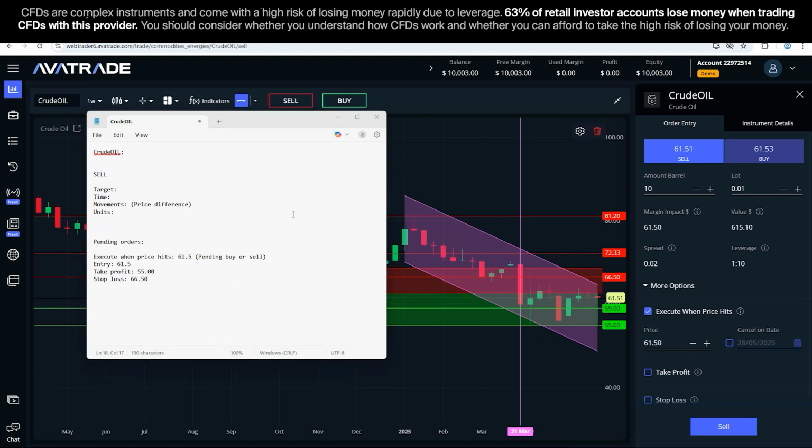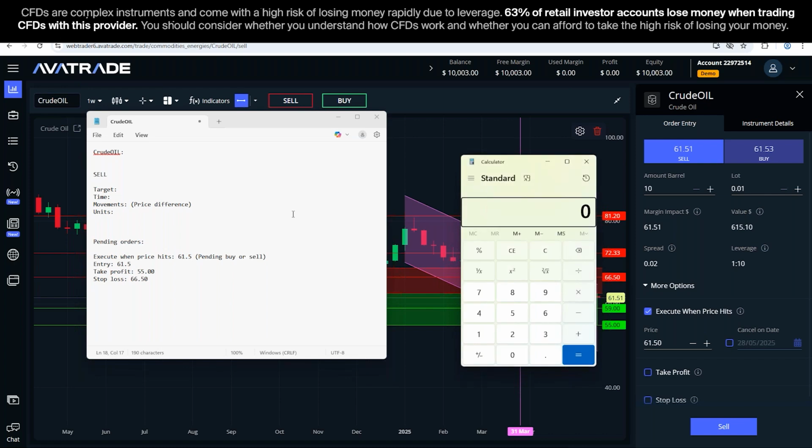And we will see that from our entry onto the take profit and the stop loss, we've got this one is $6.50 away per barrel since we're trading oil, and 61 to 66.5 is 5.